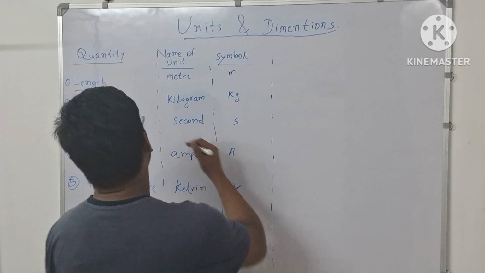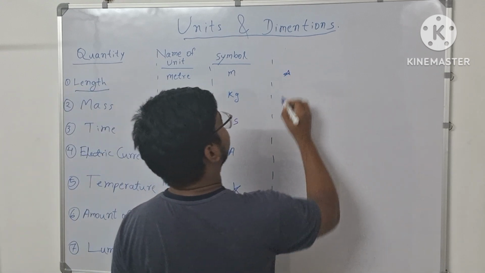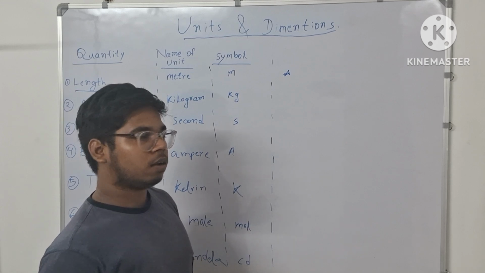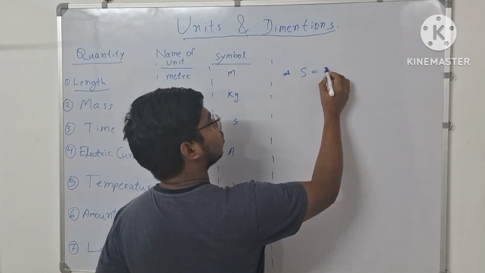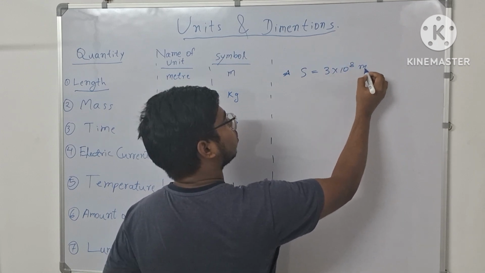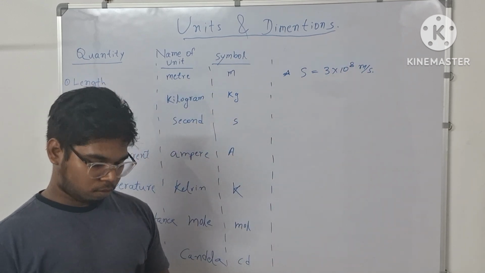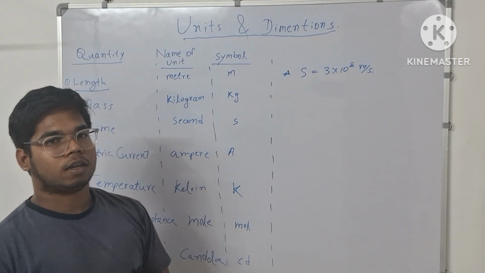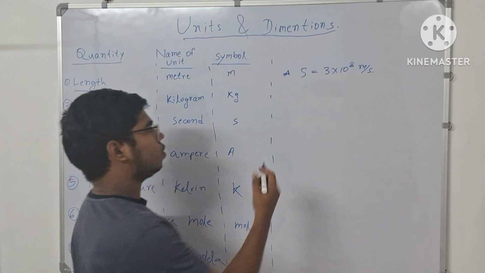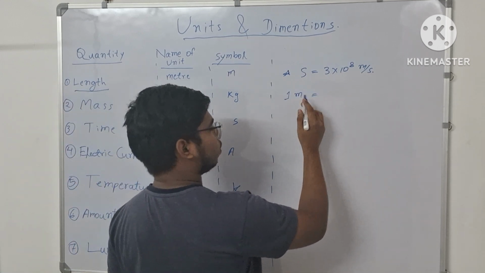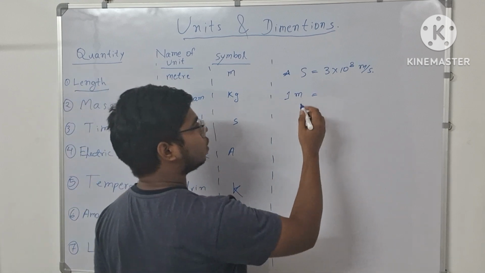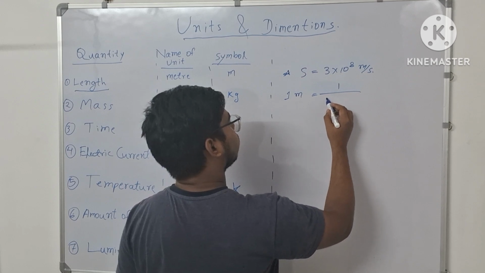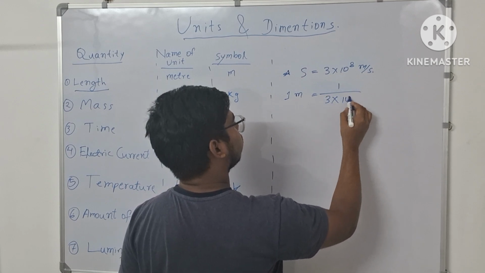First one is length. As we know from physics, the speed of light is constant everywhere. Its speed is approximately 3 into 10 power 8 meter per second. So we take 1 meter as the distance traveled by light in 1 by 3 into 10 power 8 second.